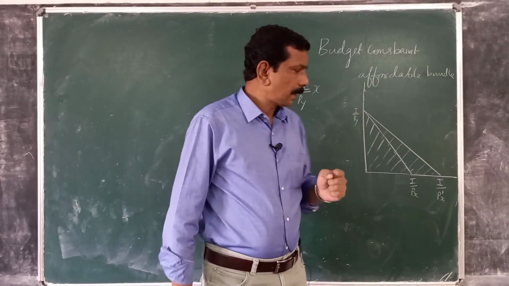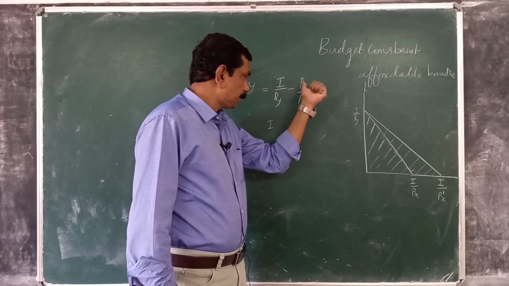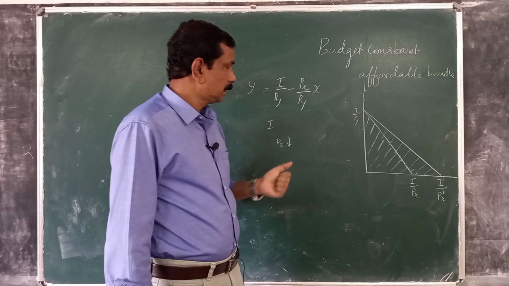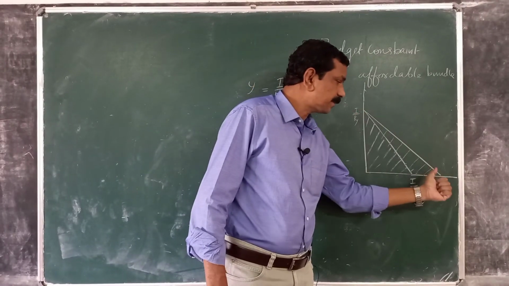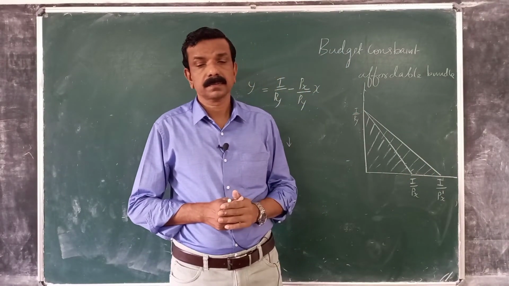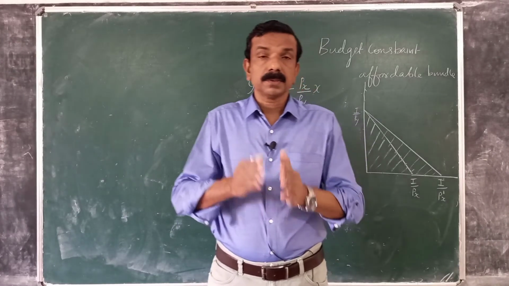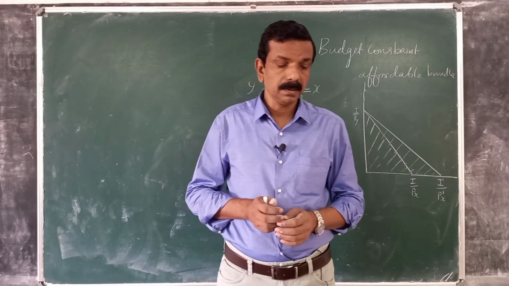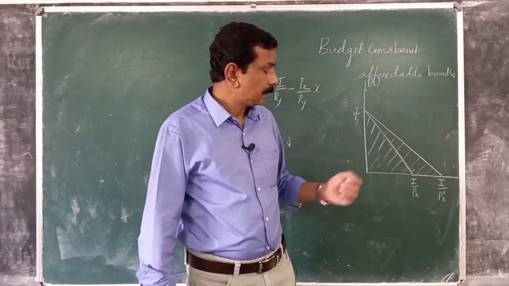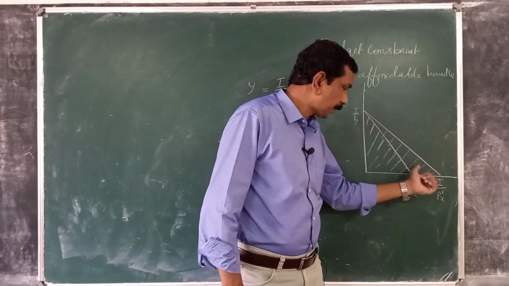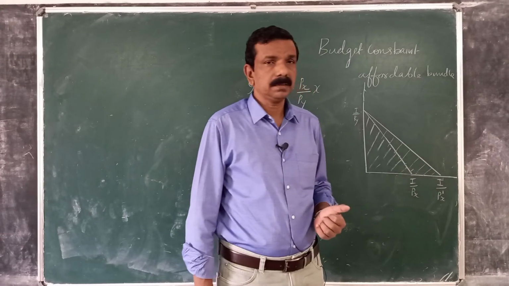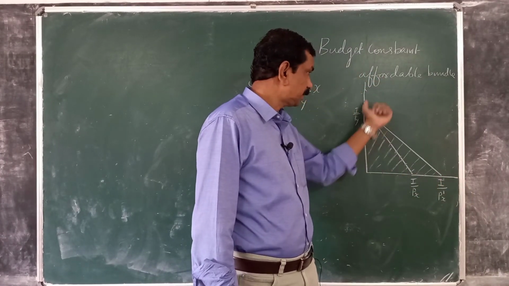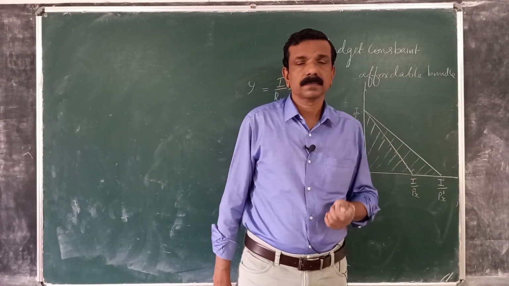And when there is a change in the price of x or the price of y, as you can see, the slope of the budget line changes. So, depending on the nature of the change, the budget line shifts along the x-axis or along the y-axis.